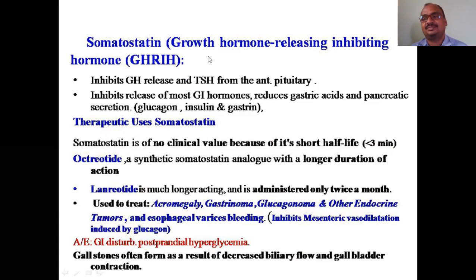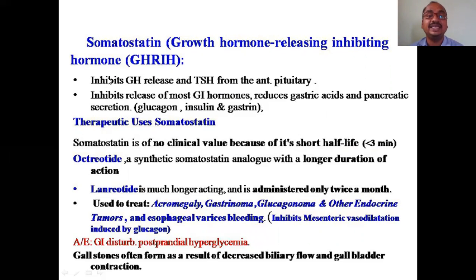Yeah, here you can see this. Somatostatin stops wherever. See, it is also called growth hormone releasing inhibitory hormone, GHRIH. It inhibits the growth hormone release as well as thyroid stimulating hormone from the anterior pituitary gland. It inhibits the release of most gastrointestinal hormones, reduces gastric acid secretion, pancreatic secretion, glucagon, insulin.